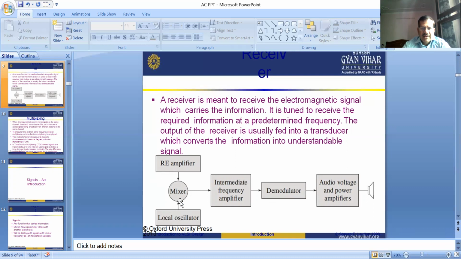The local oscillator generates the high frequency signal and the RF amplifier provides the base signal.